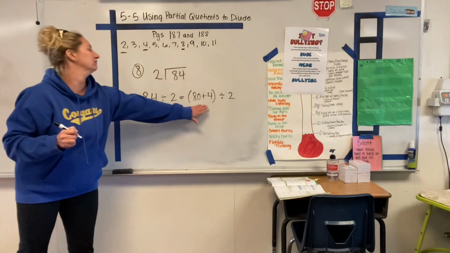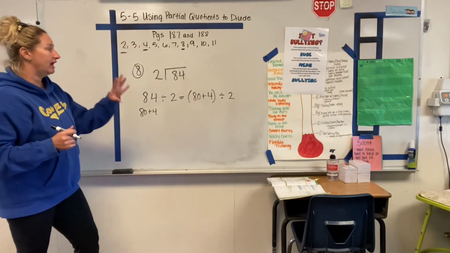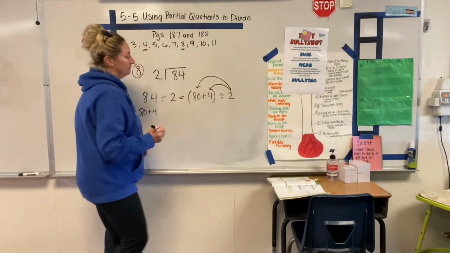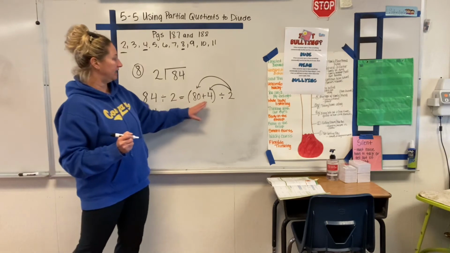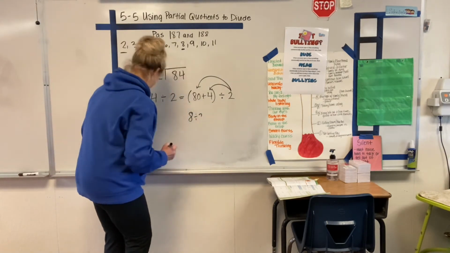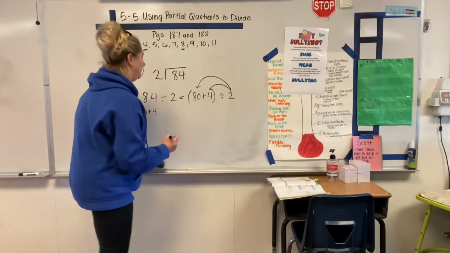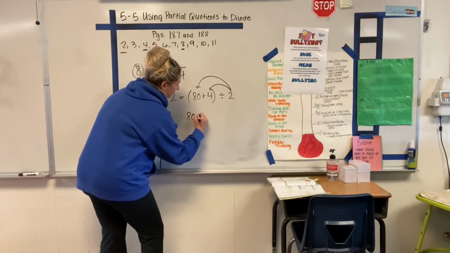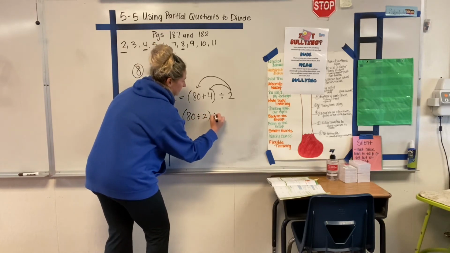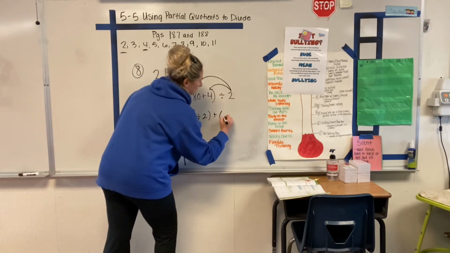Okay, it's still 84, I just broke it apart. Now the 2 gets distributed to the 80 and the 4. Okay, so it'll be 80 divided by 2 plus 4 divided by 2.